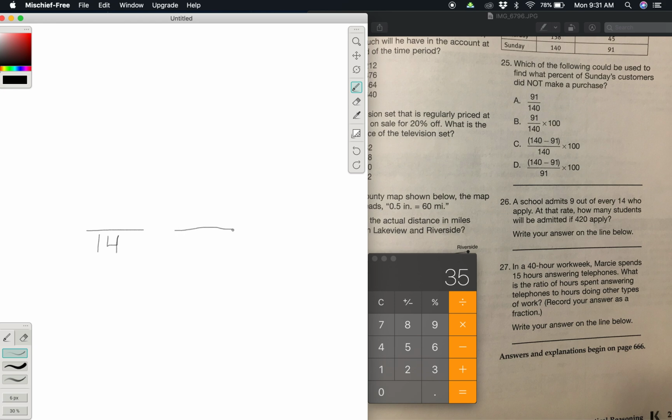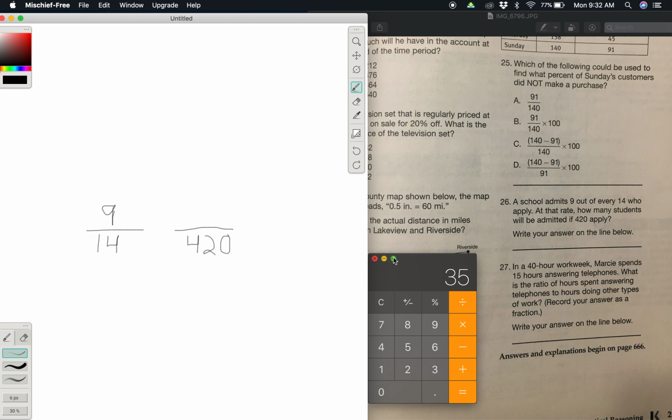And then if 420 apply, we know that that is equivalent to the total amount. Okay, so then we have 9 here. 9 of them actually get admitted. So this 9 out of 14, which is representative of this amount to this amount, would be, so let's do our simple calculation. Not sure why I put a multiplication sign there. Actually, I do know. It's because I'm not thinking.